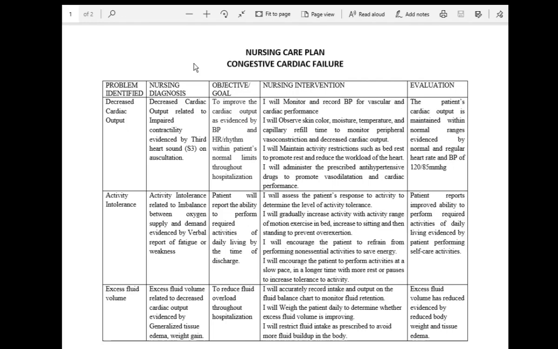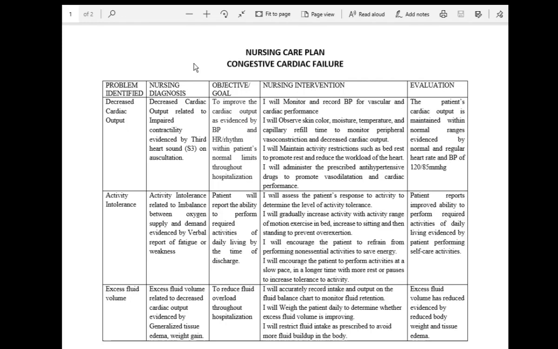So by restricting our patient to bed rest, this will enable the heart to be relieved of the stress of the workload. By telling this patient to be on bed rest, we are promoting rest and reducing the workload that would be on the heart if this patient is doing activity. So that's our third point.